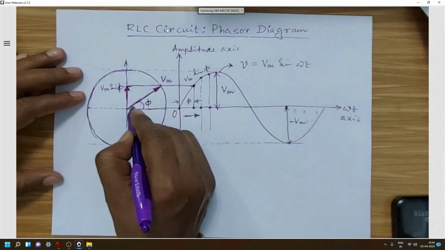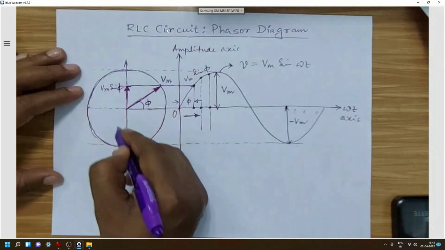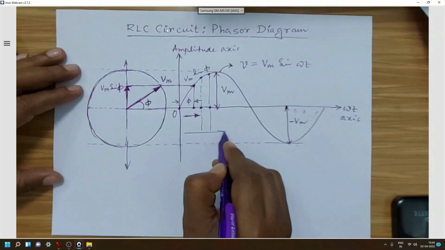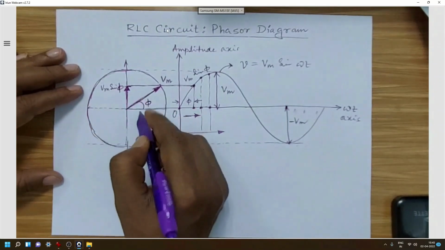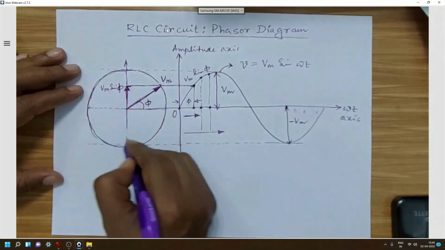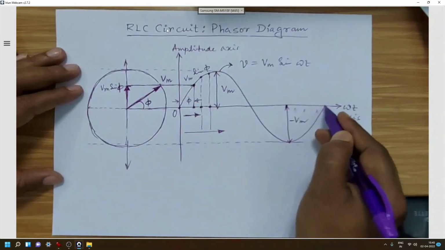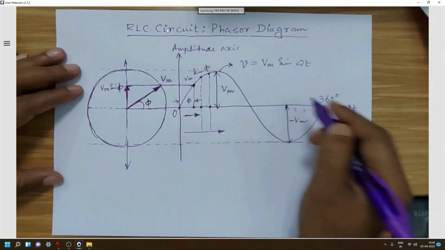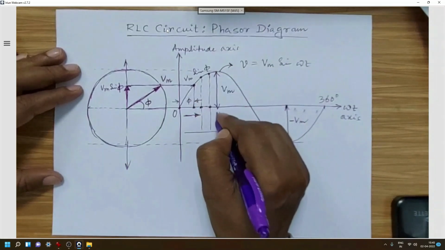So this phasor will be obtained as a rotating phasor along this circle if we move in a linear direction along the angle. So this angle is obtained in a circular fashion. One circulation is nothing but the completion of the entire cycle, and that's why it is called a complete 360 degrees. In radians, the peak is obtained at pi by 2 here.